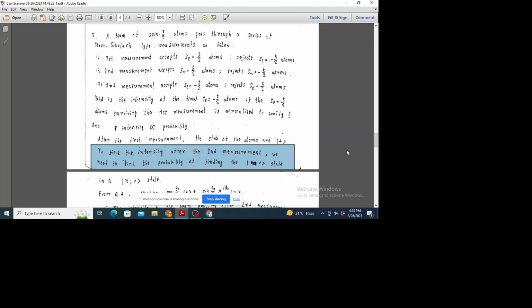Probability is, out of a large number of atoms, what fraction of the atoms survive. This is our usual familiar notion of probability. Here also we have to find the survival probability of the atoms after the second measurement, and that survival probability is actually the fraction of the atoms that are allowed to pass through.